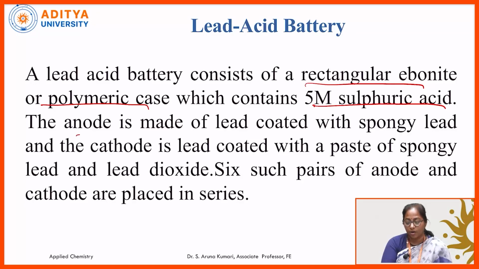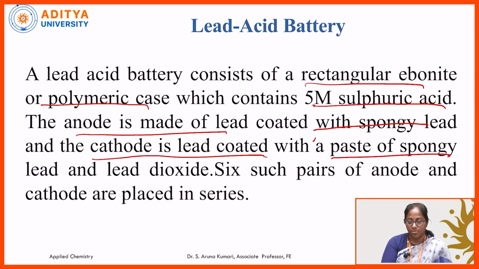The anode is made of lead coated with spongy lead, and the cathode is lead coated with spongy lead and lead oxide. So, here we can clearly understand that anode and cathode are both made up of lead, whereas the lead anode is coated with spongy lead, and the cathode, which is made up of lead, is coated with a paste of spongy lead and lead dioxide.